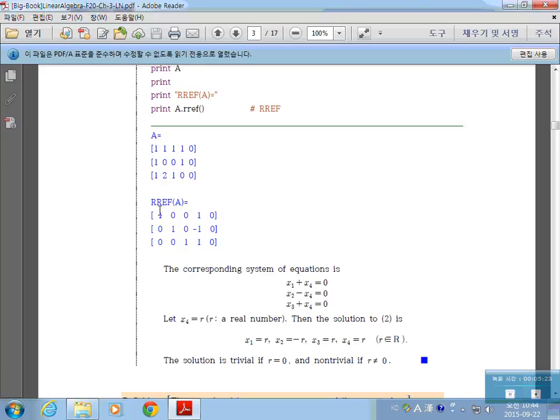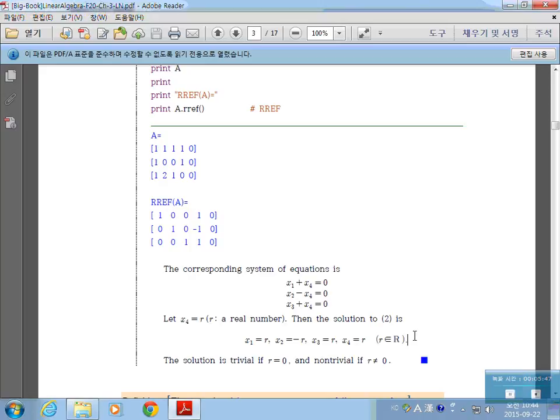From this RREF of A, we see there is one free variable. So let x4 be an arbitrary real number r. Then the solution can be written as this.